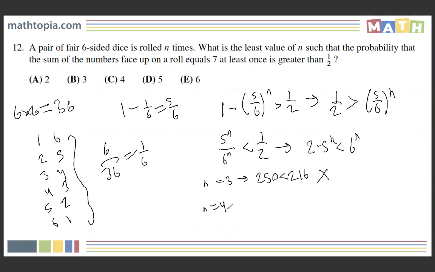But then n equals 4 works, because if we plug in n equals 4, we get 625 times 2, which is 1250, and 6 to the 4, which is 1296. And 1250 is less than 1296, right? So therefore, the minimum value that makes the probability greater than 1/2 is n equals 4.